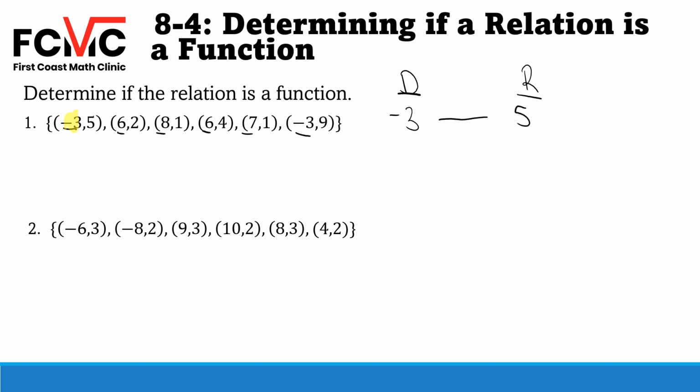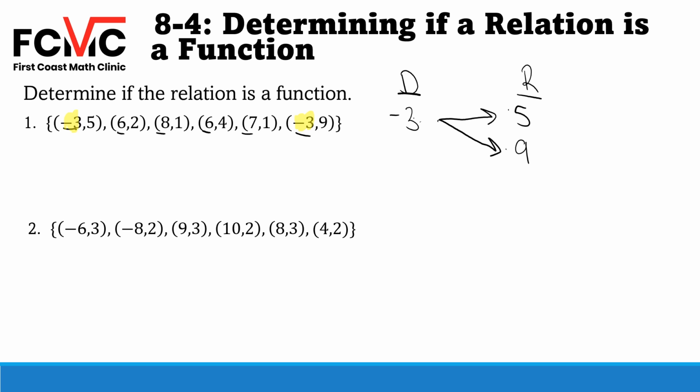So let's draw our mapping rule. And going through this set of ordered pairs, do we notice, is -3 paired with anything else? Well, I notice I've got -3 here, and -3 is paired with 9 as well. So I can draw this as my mapping rule. So I've got my domain, -3 paired with a 5 and paired with a 9.